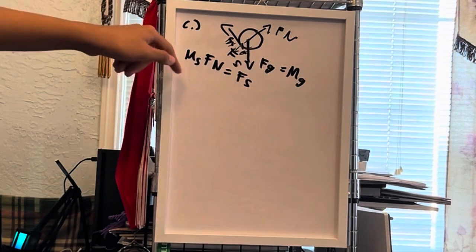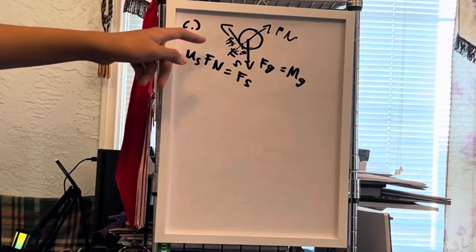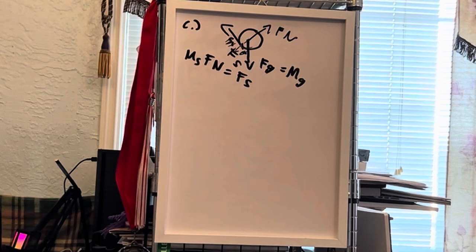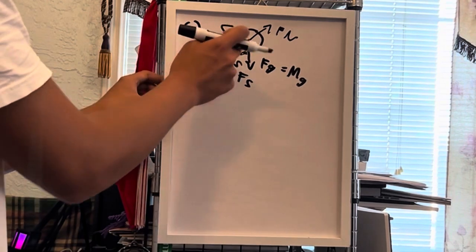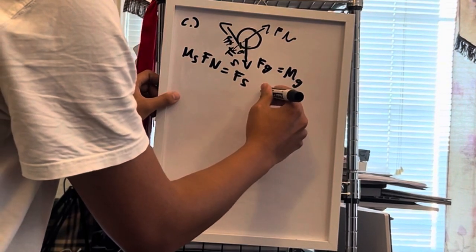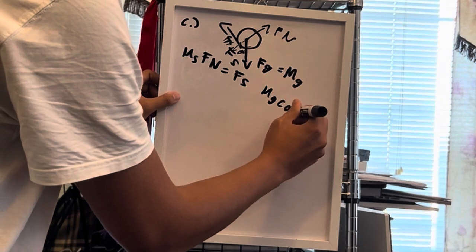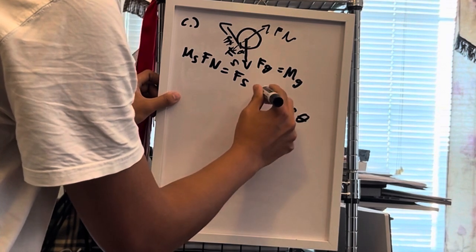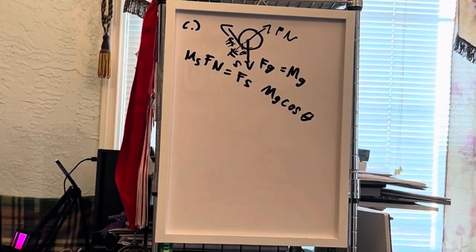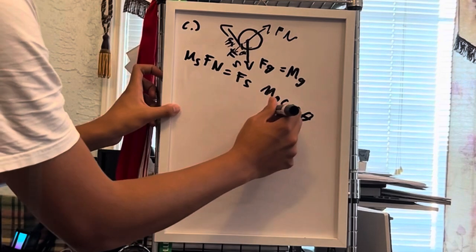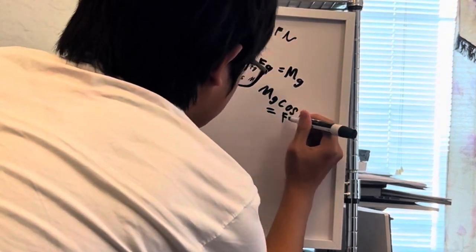Fg's adjacent component is going to be equal to Fgy, which is going to be equal to Fn. So to get this Fgy component, I'm going to have to do mg times cosine of theta, like so. This is going to equal Fgy.